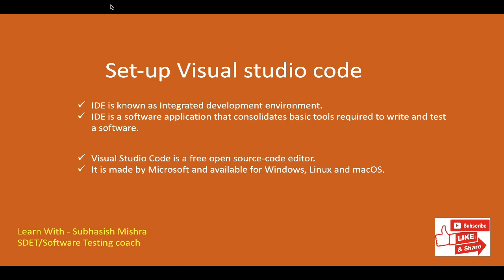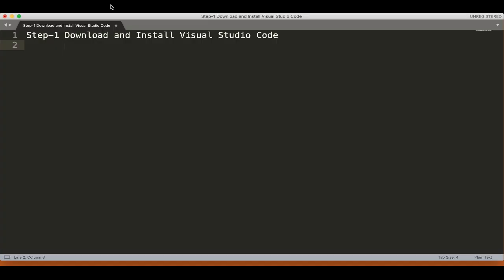Users can change the theme, keyboard shortcuts, preferences, and install extensions that add additional functionality. We'll see all these things while writing our protractor test cases in Visual Studio Code. So let's go to our first step, that is download and install Visual Studio Code.